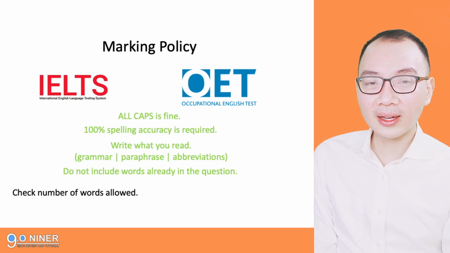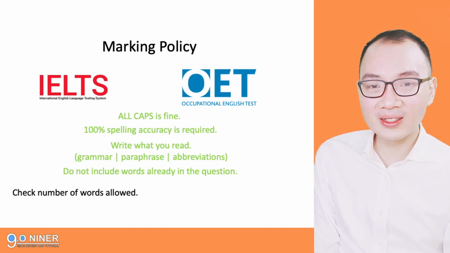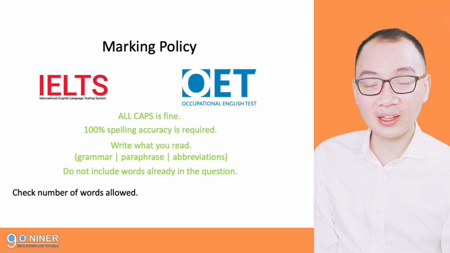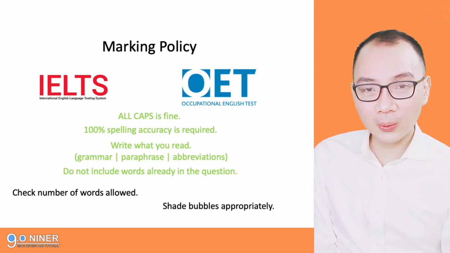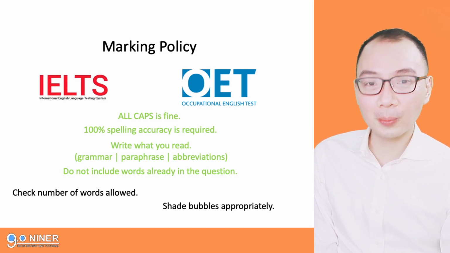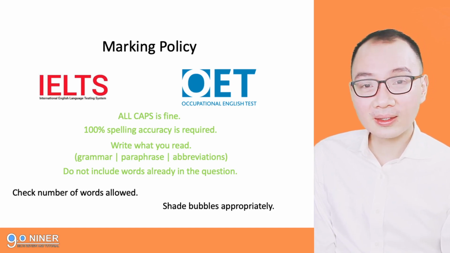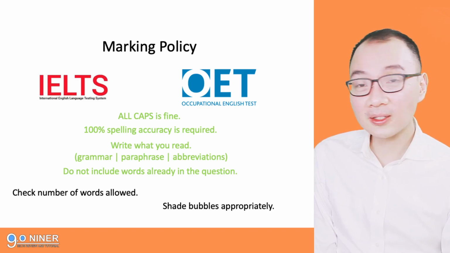However, in the IELTS test, when candidates have to write down words as answers, it's important to always keep in mind the number of words allowed. Write no more than one word, or write no more than two words. If the candidate exceeds this maximum, then no marks are awarded. For the OET, for those taking the paper-based test, just like in listening, it's important to shade the bubbles appropriately, because for reading parts B and C, it's multiple choice, and it's not a human being, but rather a computer that checks your answers.